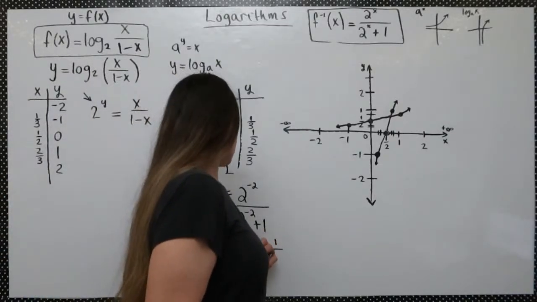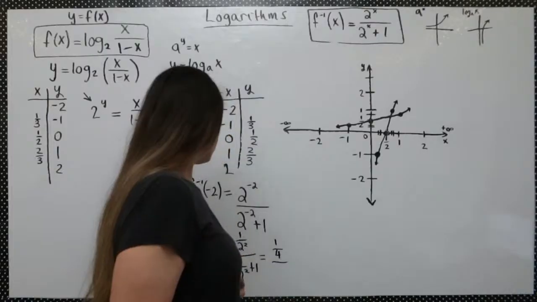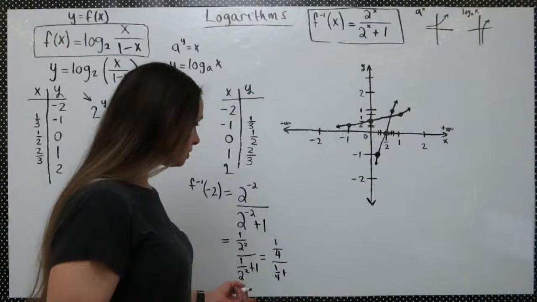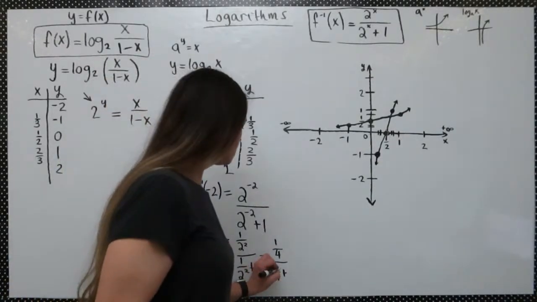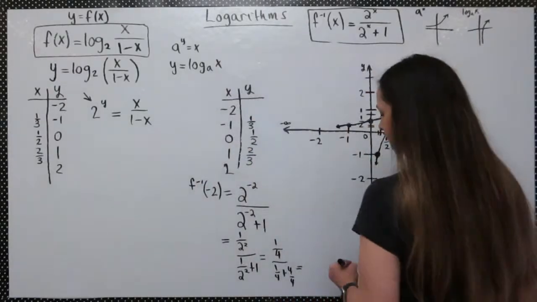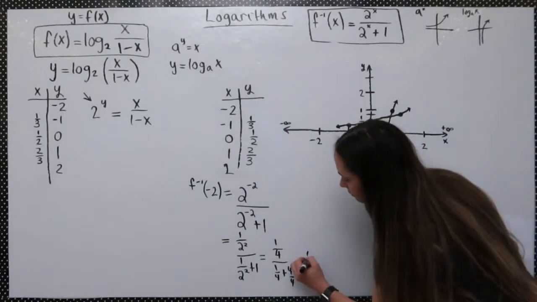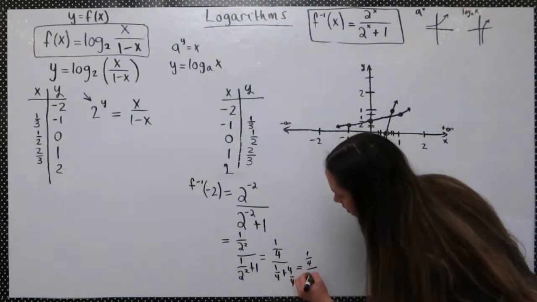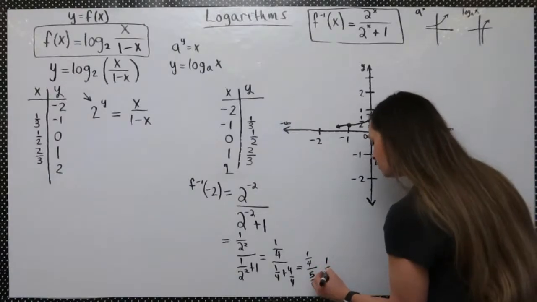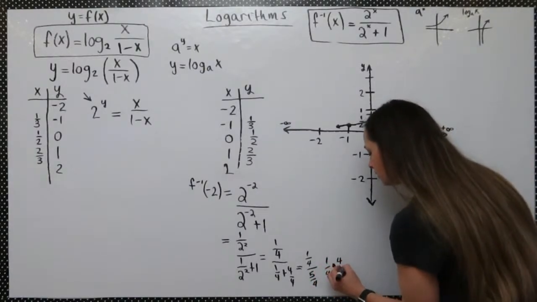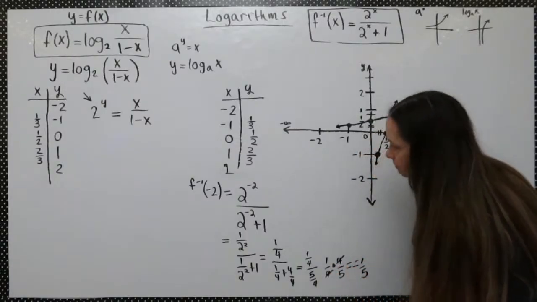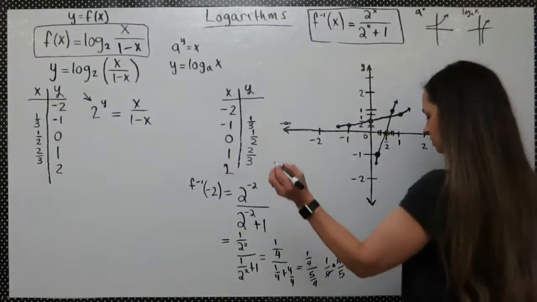And this would be 1/4 over 1/4 plus, and then right here, I'll just turn that to an equivalent fraction and say that's 4/4. So that would be 1/4 divided by 5/4. And then that's 1/4 times 4/5. 4's cancel, and you got 1/5. So at -2, we're at 1/5.